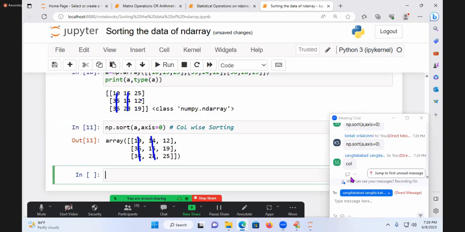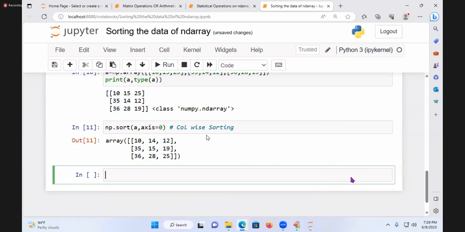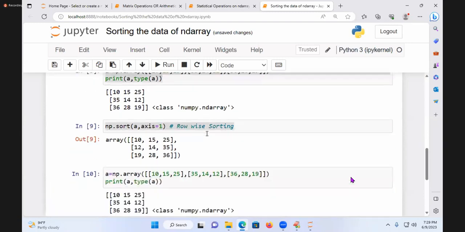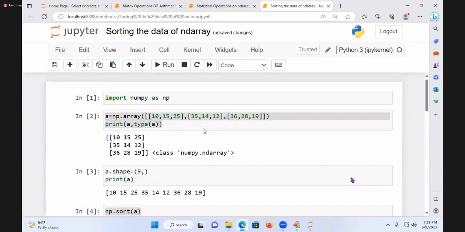Next 25, 12, 19: 12, 19, 25. Are you following? This is called the sort function. Okay now? Clear? Like that, you can also take an ND array and sort it out. Will you understand that?